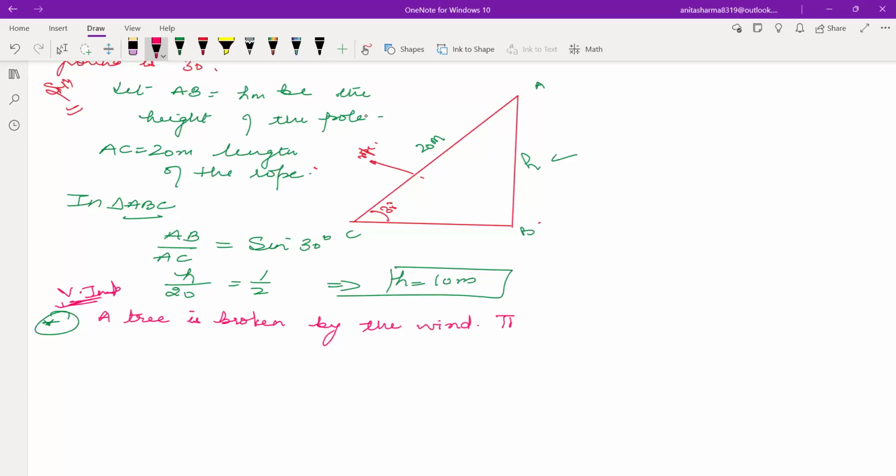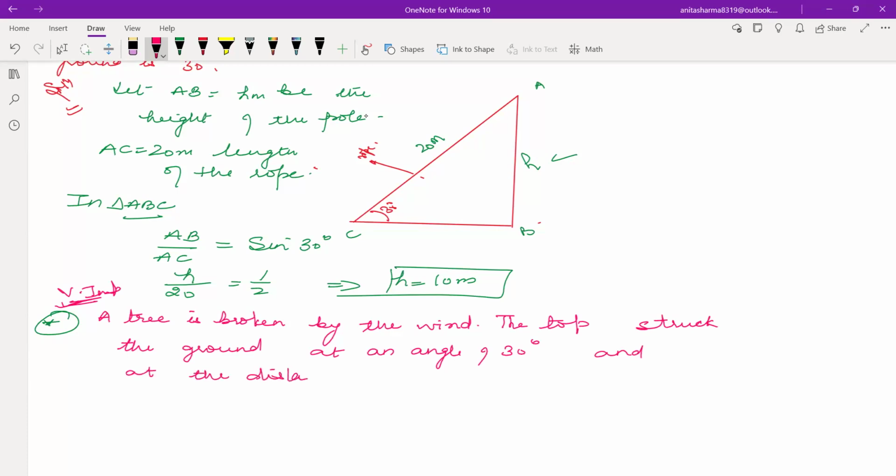The top struck the ground at an angle of 30 degrees and at a distance of 30 meters from the root.